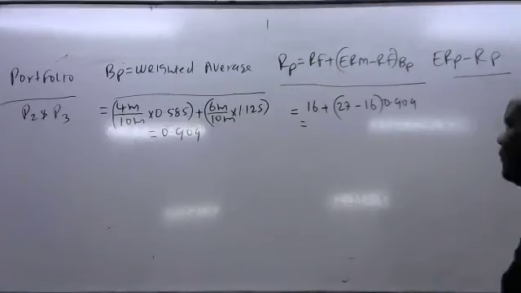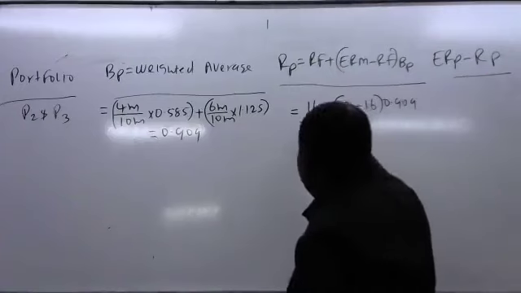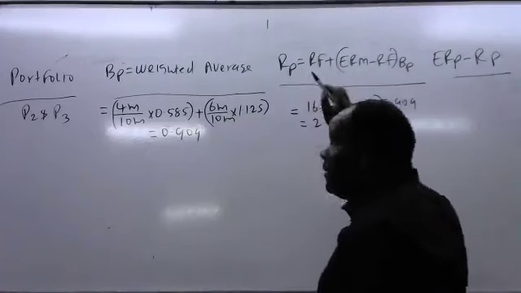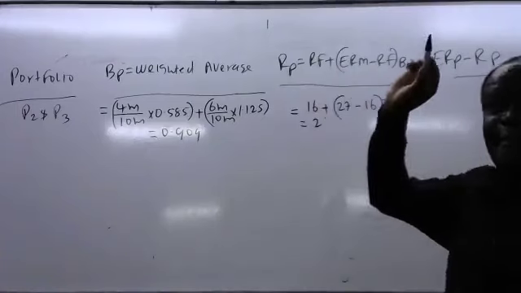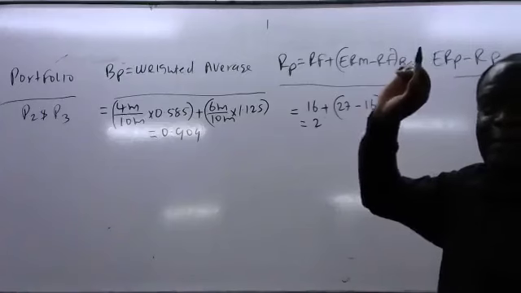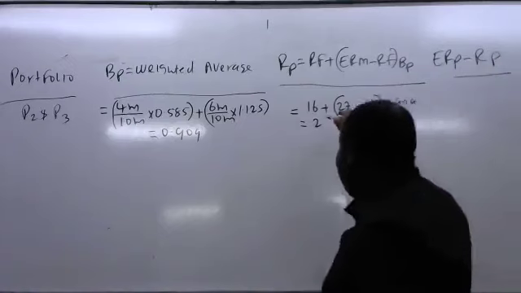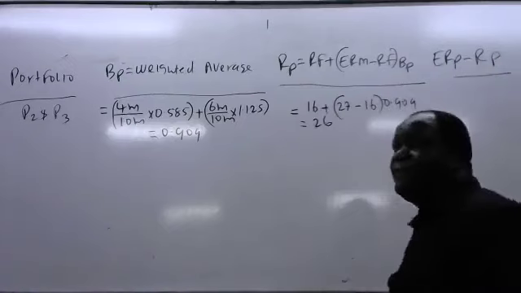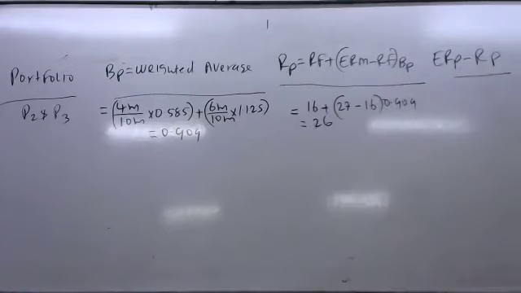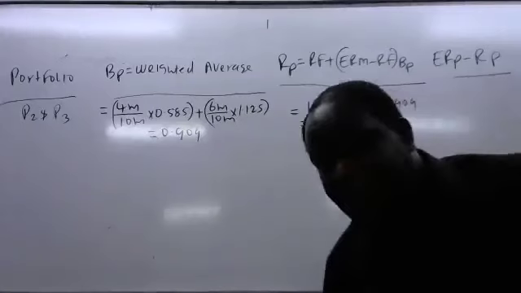When you round off to 2 decimal places, it will be exactly 26. So you can have it as 26.